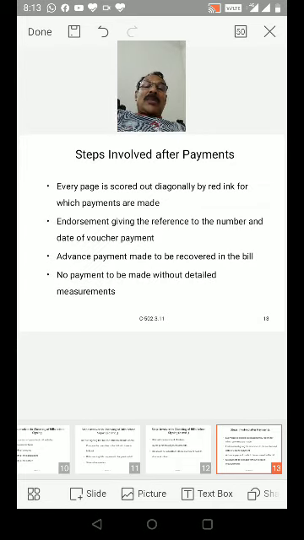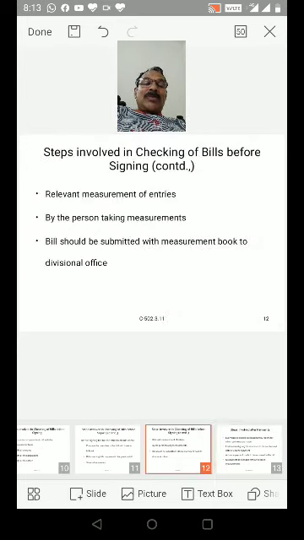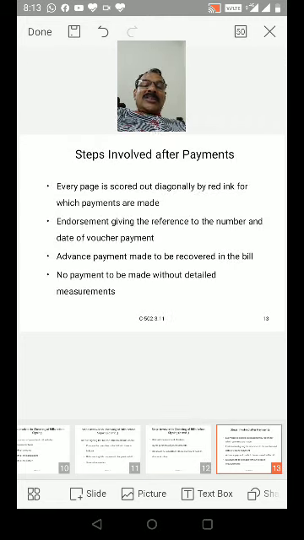These were the steps involved before payment. Now the steps involved after payment.